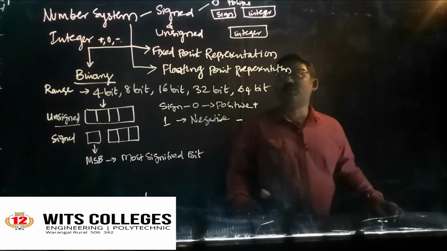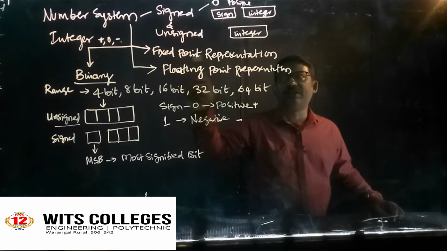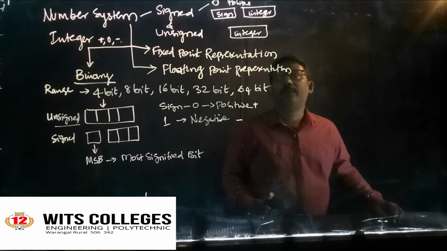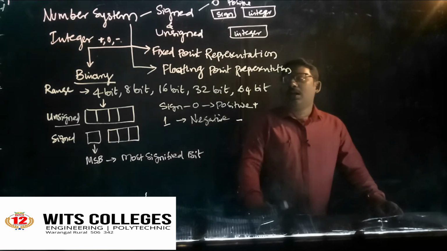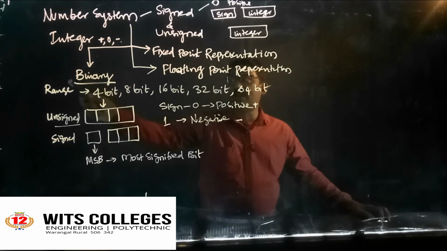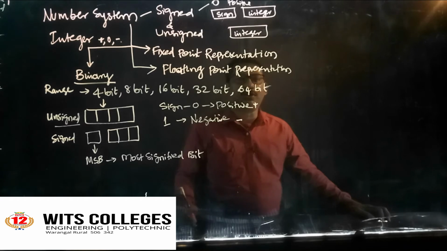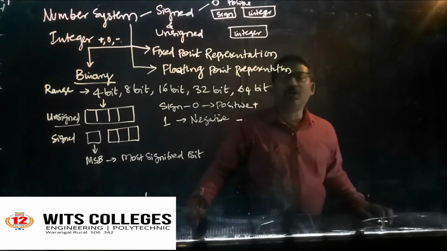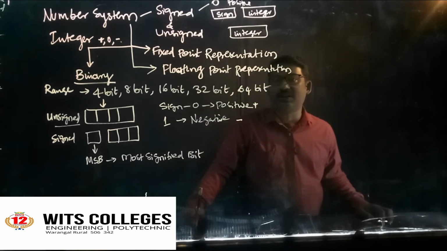Now, the representations of these numbers are fixed point representation and floating point representation. A number is an integer, in decimal number representation as well as binary number representation. The ranges of binary representation are 4 bit, 8 bit, 16 bit, 32 bit and 64 bit.